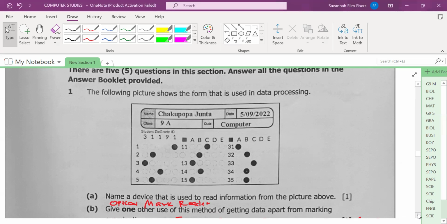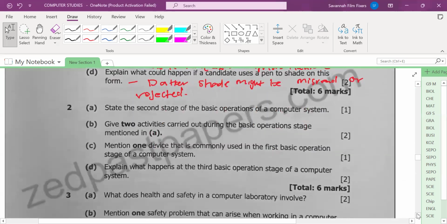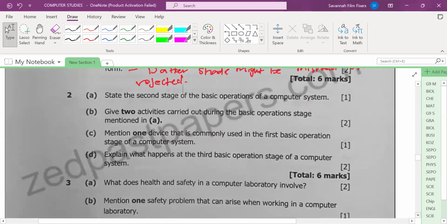Okay, let's move on to question 2. State the second stage of the basic operation of the computer. Here we stated them above, right?